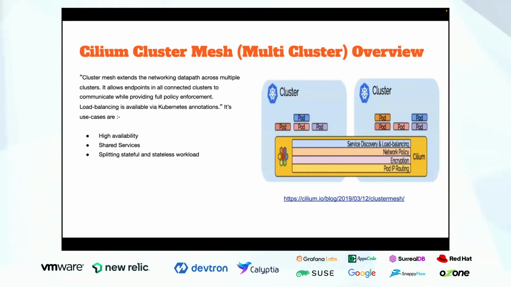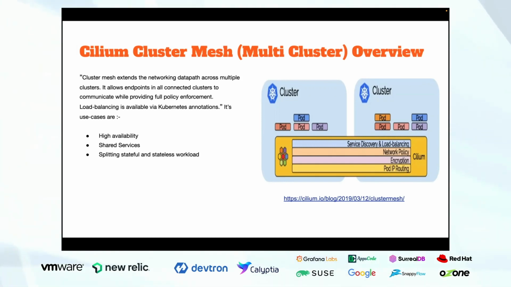The next here is something called multi-cluster or cluster mesh. As you can see, we can connect two different clusters and have one complete control view of the entire thing. Of course, it's for high availability. Two different clusters can be on different cloud providers.